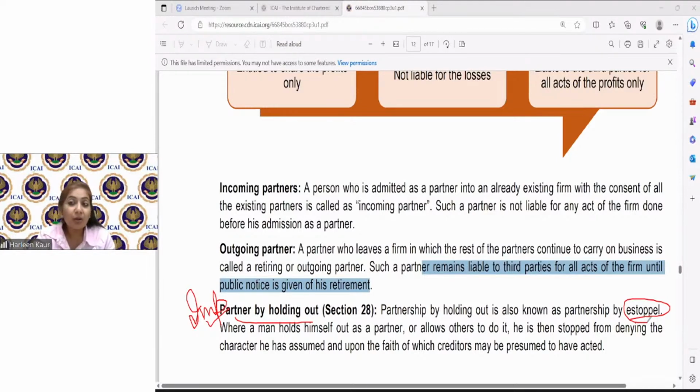So if you are not actually a partner, but by your actions or behavior, or knowingly, you have made another person believe that you are a partner in a firm, then the other person will treat you as a partner in the firm. What does this mean? Then you become a partner by holding out. You have held yourself out. By estoppel, you have become a partner.